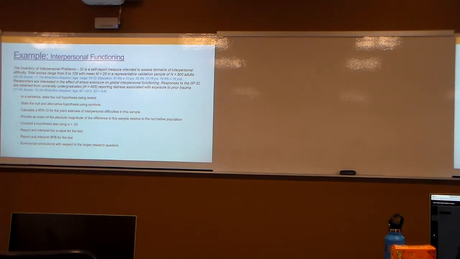What we've got is a measure of interpersonal difficulty, the IIP-32, a self-report measure intended to assess domains of interpersonal difficulty. Total scores range from 0 to 128 with a mean of 25 in a representative sample of 800 adults. I pulled this from the manual. The normative sample was 50% female, 77.7% white non-Hispanic, with ages 18 to 72. Just over half the sample had a high school education or less.